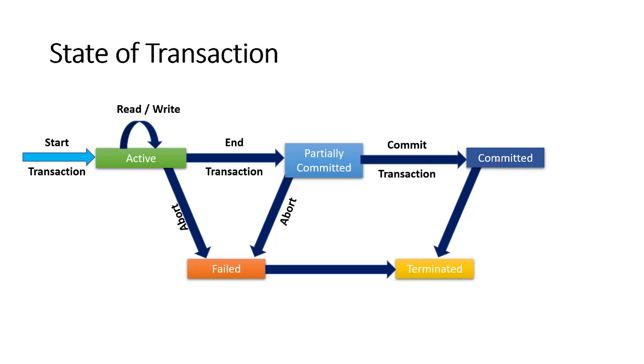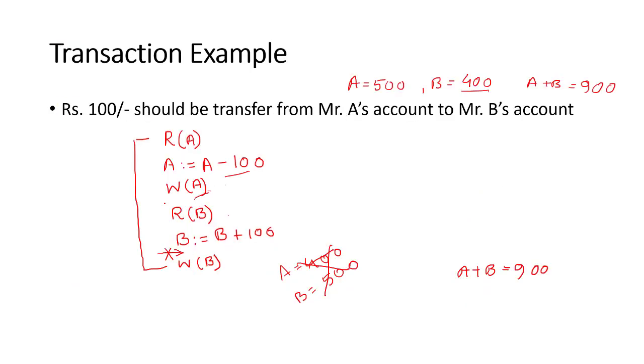Now after that, the transaction can be committed. Now, maybe due to some system failure or any other reason, the transaction can be stopped at the active state. Like in the previous example, suppose the transaction has stopped due to a system failure in this state.